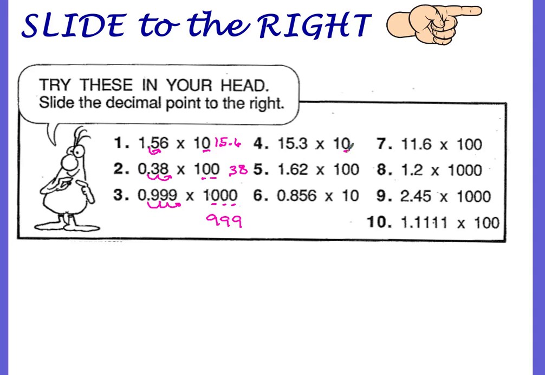There's 1 zero in our power of 10, so we slide that decimal point 1 place to the right, and we get 153. And number 5, we're multiplying by 100, which has 2 zeros, so slide that decimal point 2 places to the right, and we get 162. Okay, go ahead and pause the video and work the remaining examples on your own, then come back and check your answers.